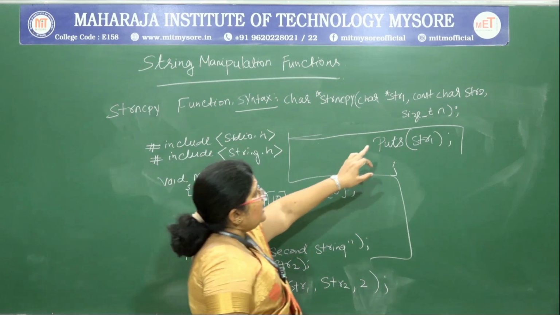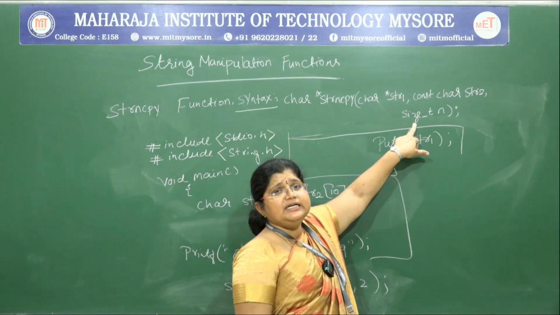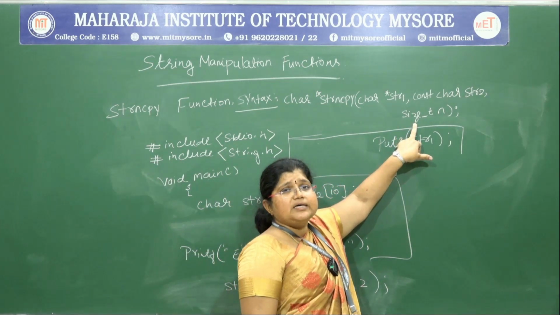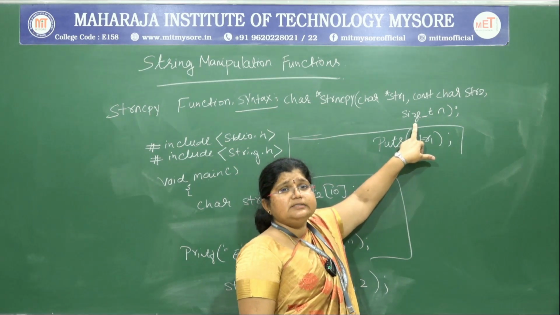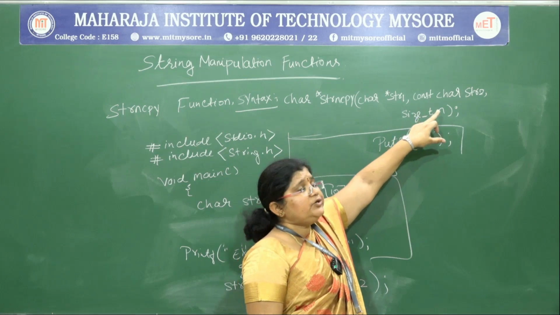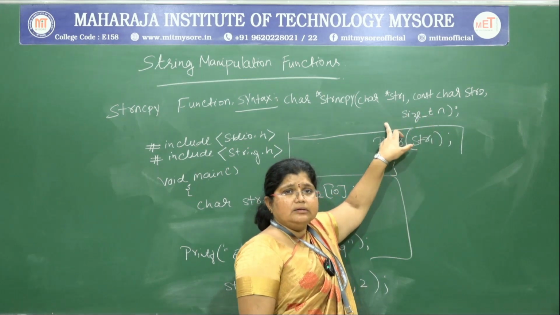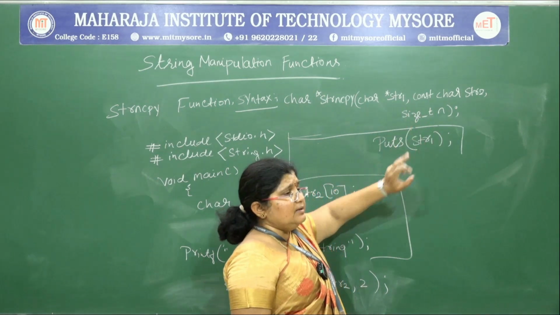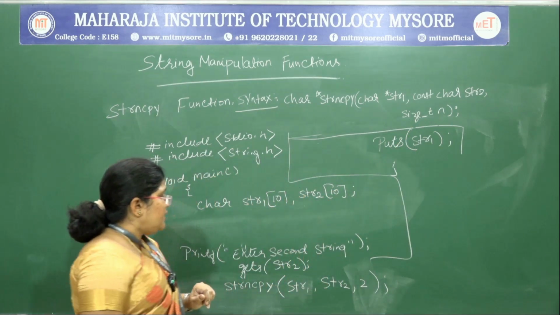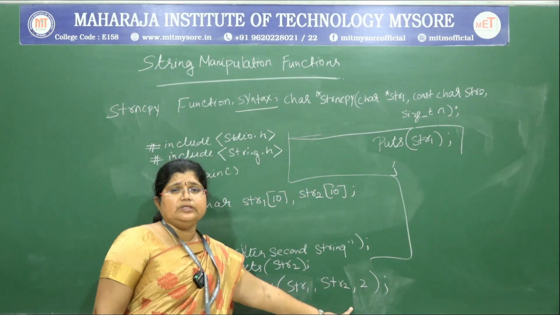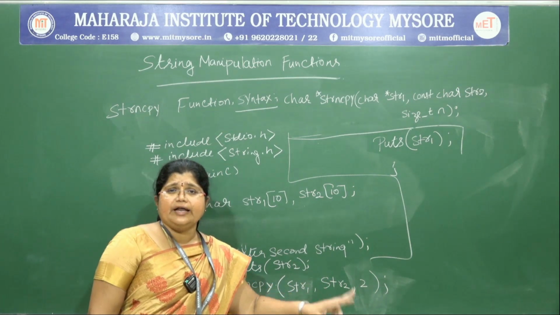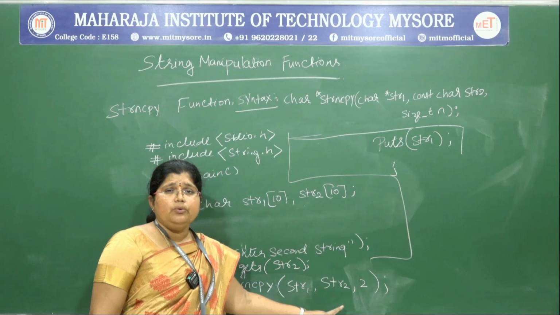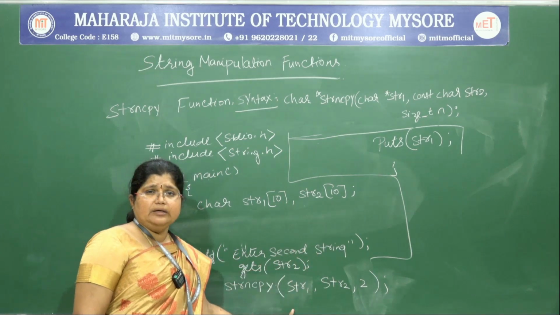There is another parameter in this function, which is n, the number of characters. How many characters must be copied from str2 to str1? If it is specified as 2, then two characters from str2 will be copied into str1.